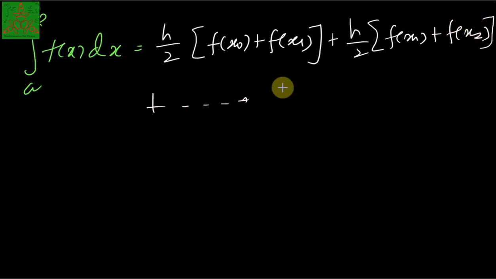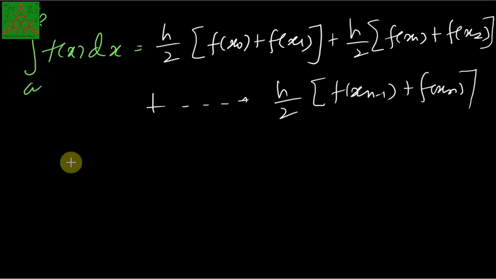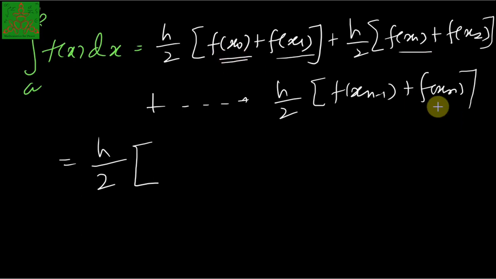If you go further, the last one will have the area f of xn minus 1 plus f of xn. Hence if I take h by 2 common, f of x1 and f of x2 and so on come 2 times, while f of x0 and f of xn come only 1 time.